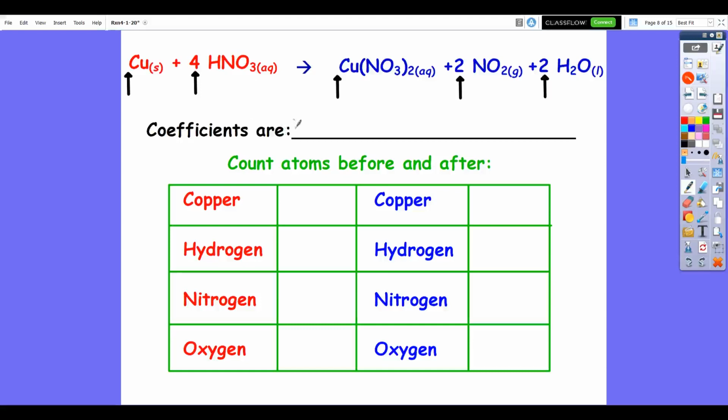So coefficients are big numbers that tell us how many of each compound we need.